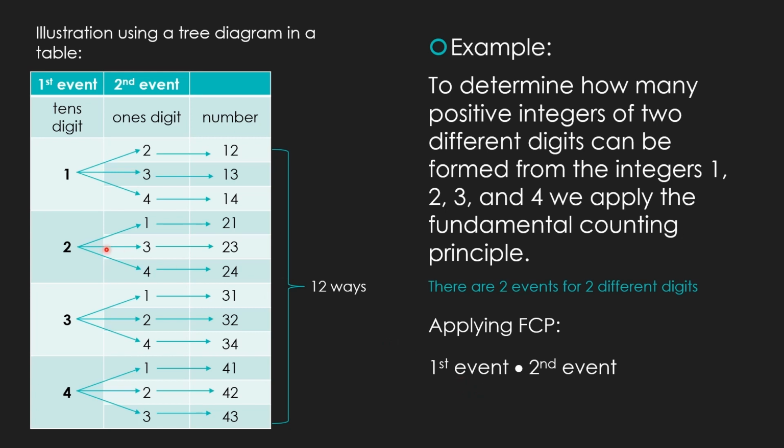By the illustration, we know that in the first event, you have 4 choices, but after choosing any of the 4 choices, on the second event, there will only be 3 choices left. And so, it will now be 4 times 3, and that would be 12. Therefore, we can say that there are 12 ways that it can be arranged into different digits.